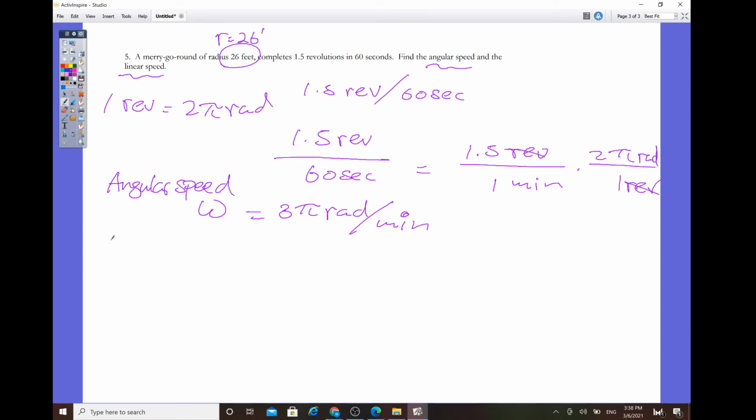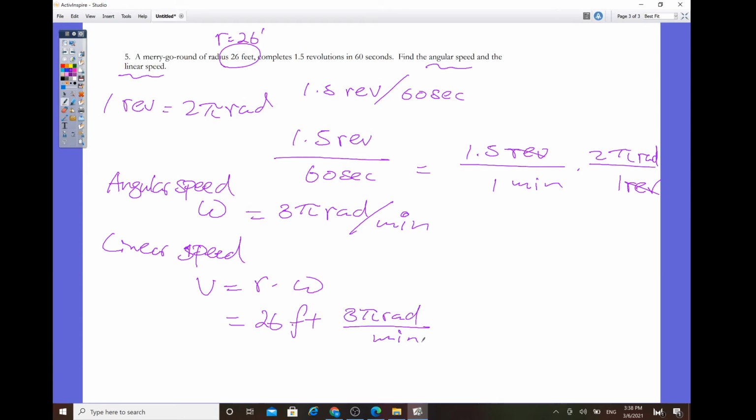What about the linear speed? Again, using the general formula that we just went over, V equals R times W. So radius 26 feet times W, which is 3 pi radians per minute, over 1 radian.